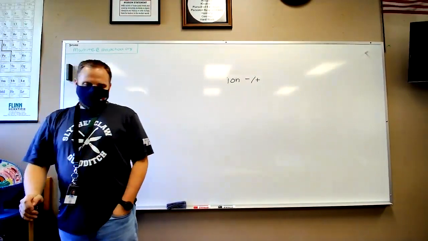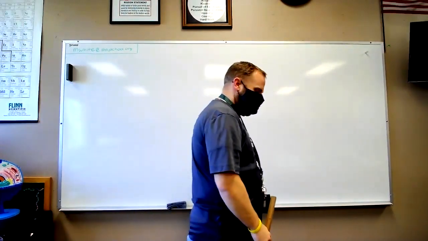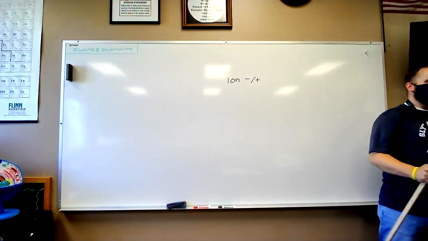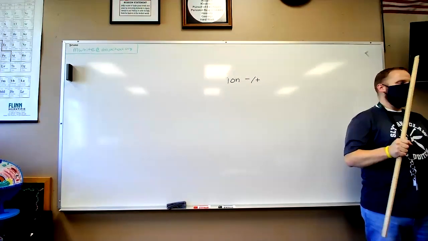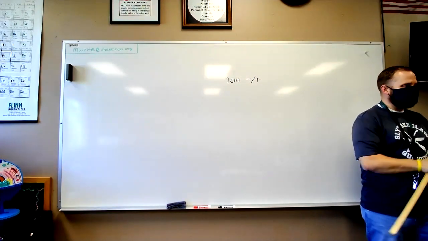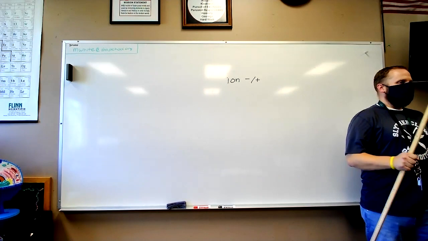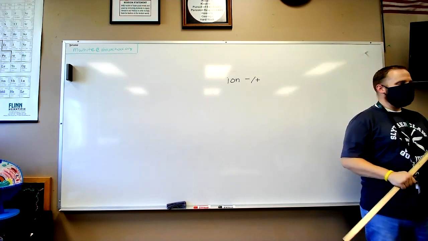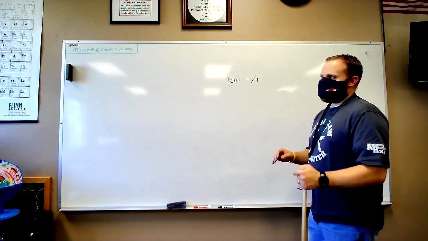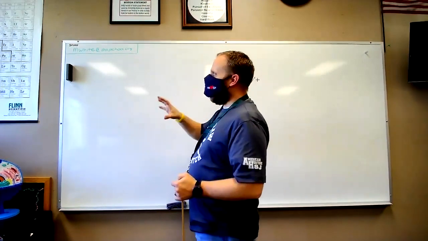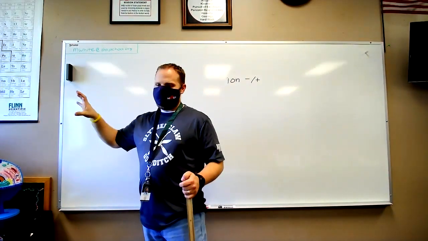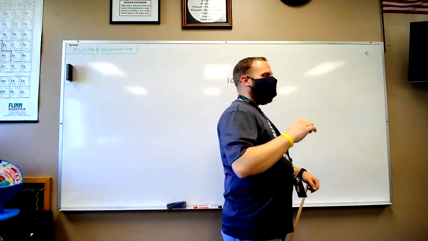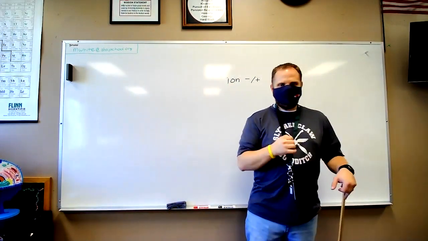So how many valence electrons do we find in group 18 elements? 8. So octet, OCT, oct. That's the prefix for 8. Okay. Almost every element wants to have 8 electrons in the valence shell.